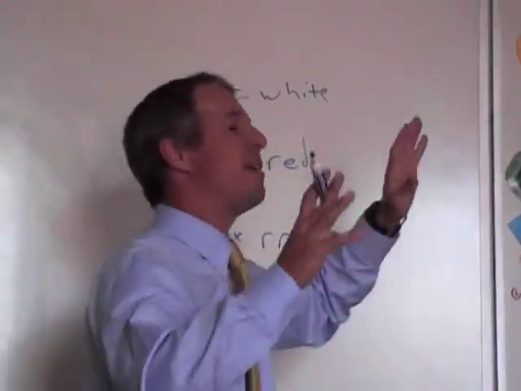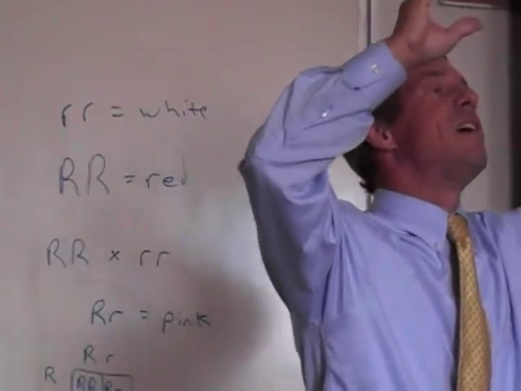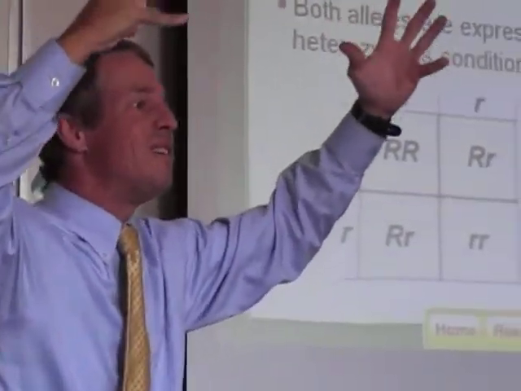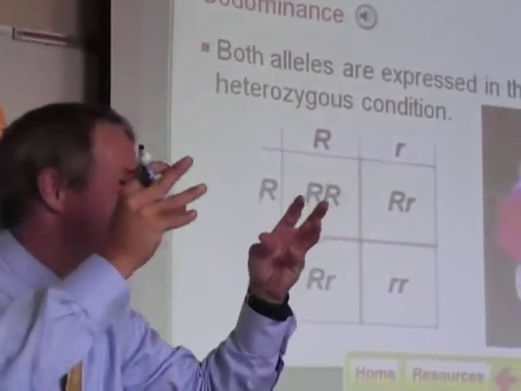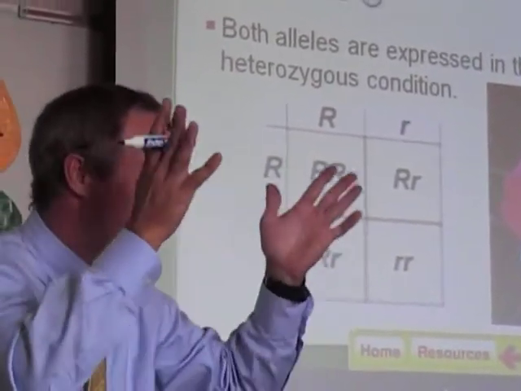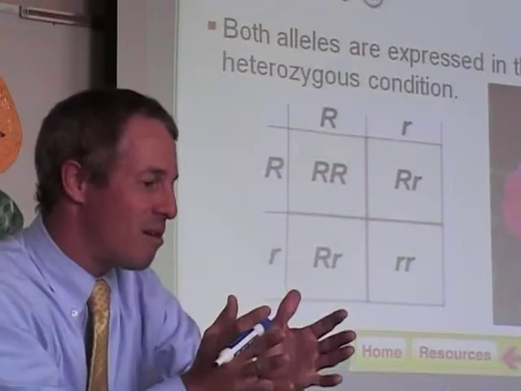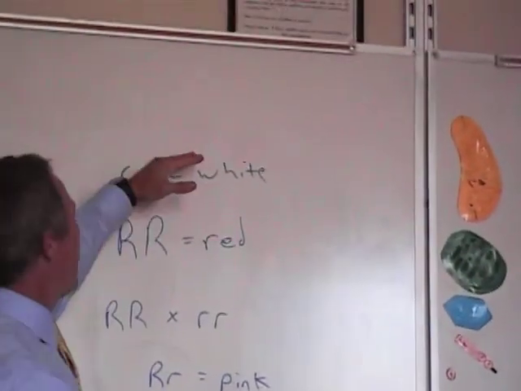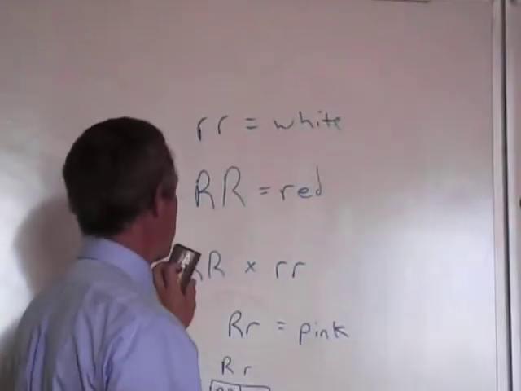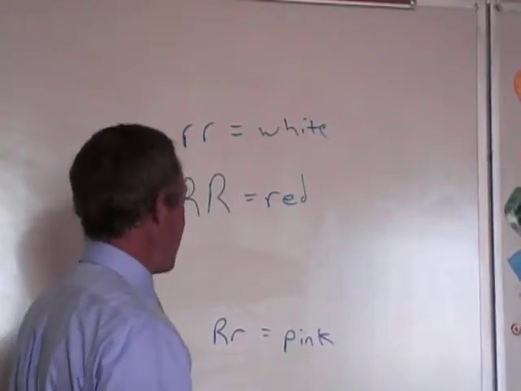Incomplete dominance is where the alleles blend. It's kind of like blending theory. In incomplete dominance, if you have the two alleles together in the heterozygote, you get a blending. But codominance is if you have the two alleles together in the heterozygote, you don't get a blending.